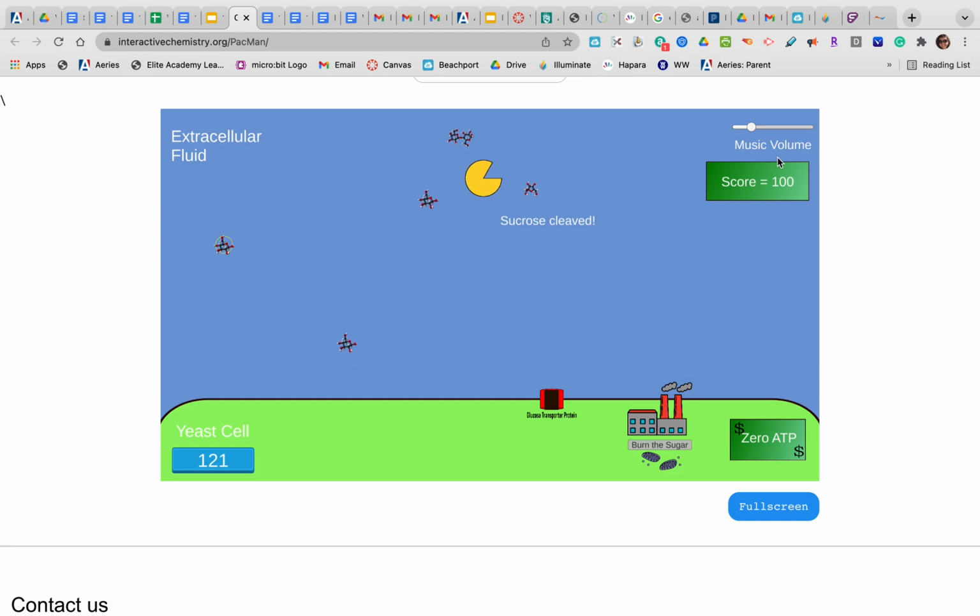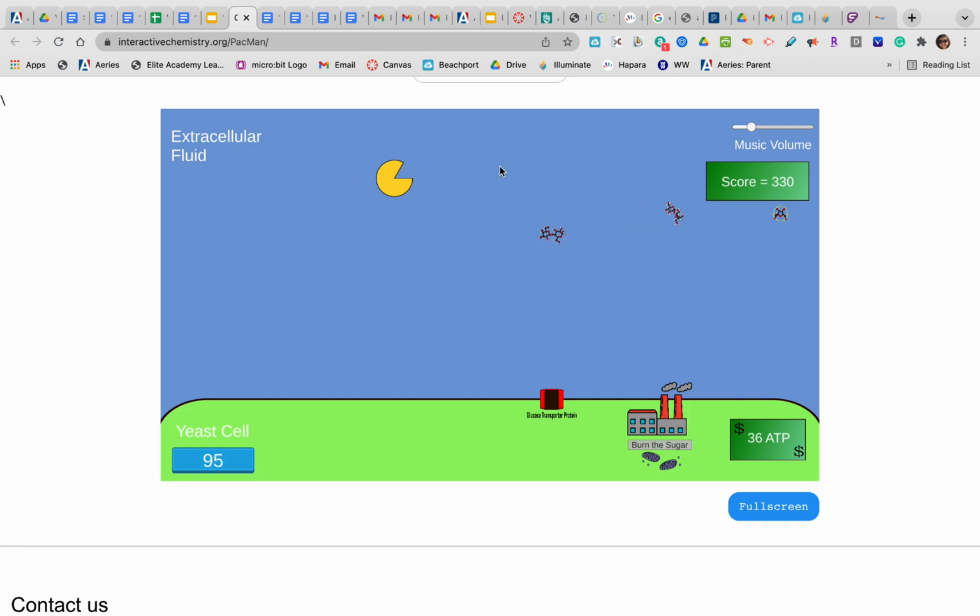There we go. Sucrose is cleaved. That means it was broken up. Now, any molecule you see that has a ring around it can be moved. And I'm going to move that molecule into the cell. Oh no, I can't move it into the cell. It's a glucose molecule, so I'm going to try the glucose transport protein. That brought it into the cell. It's going to the factory. It's going to burn, and it's going to give me some ATP.